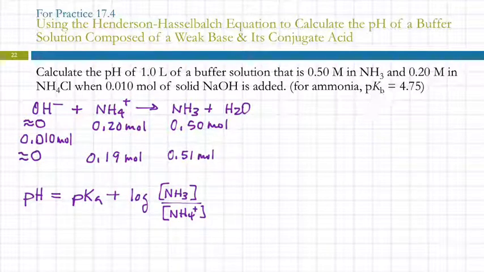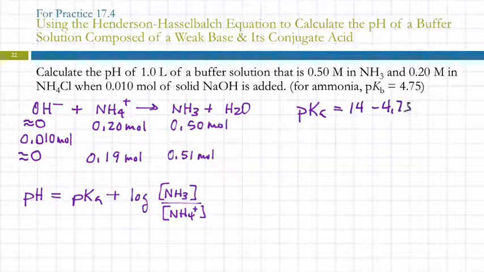They gave us Kb. pKa will be 14 minus pKb. 9.25, thank you.